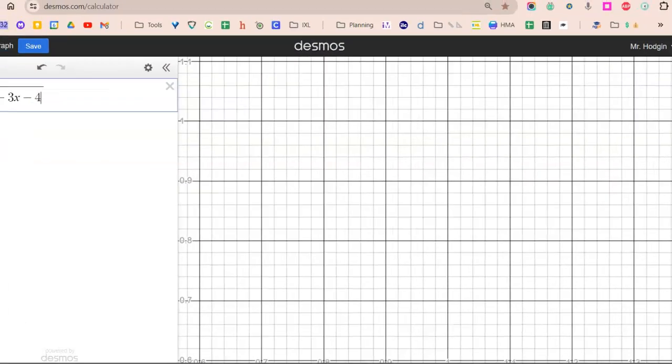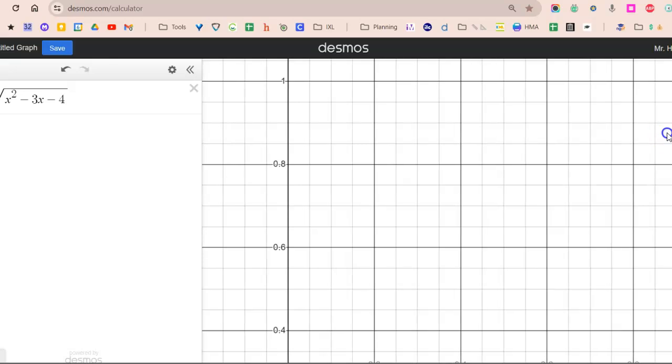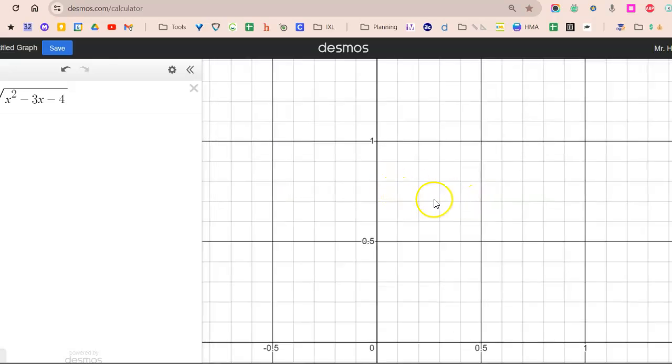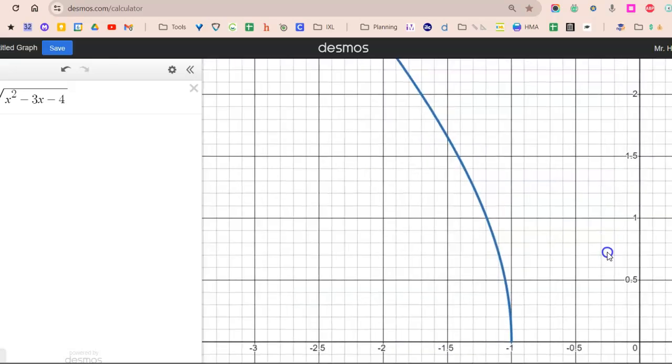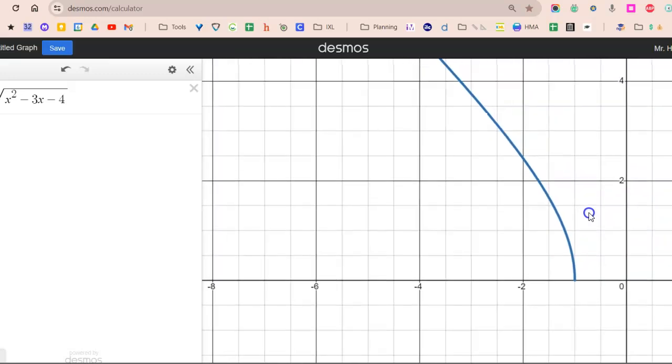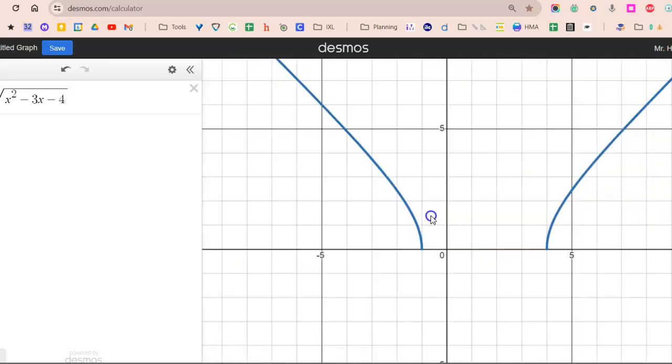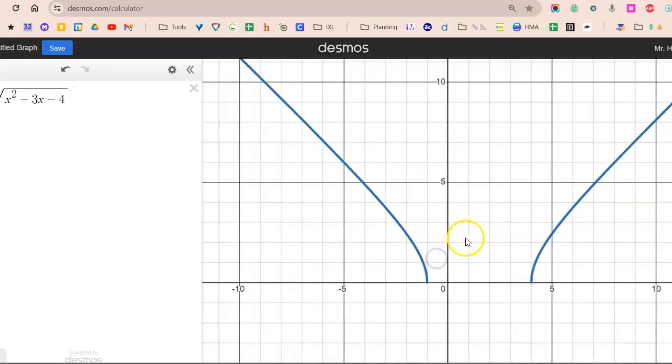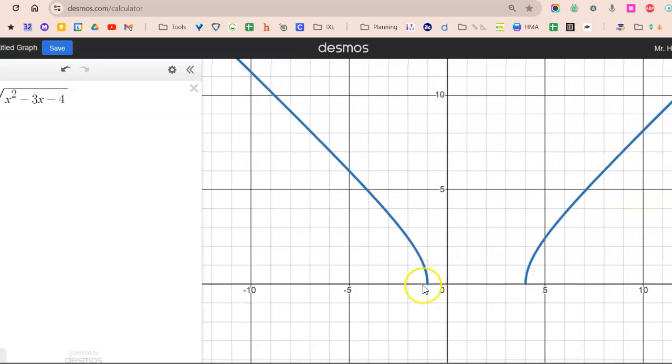All right, so it looks like the graph exists starting at negative 1 and going to the left, and starting at 4 and going to the right.